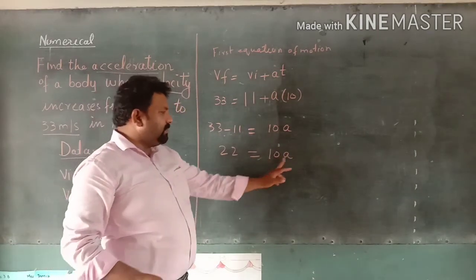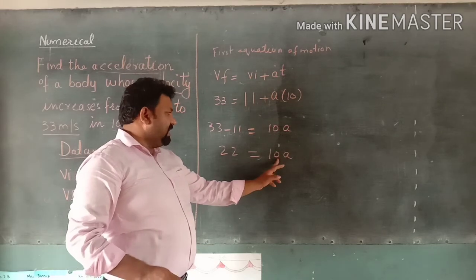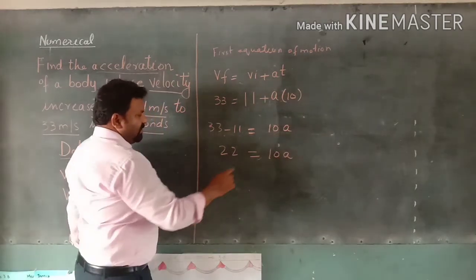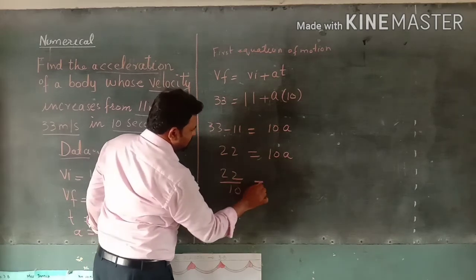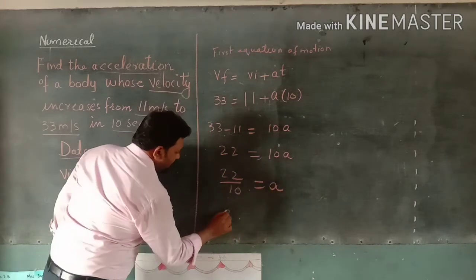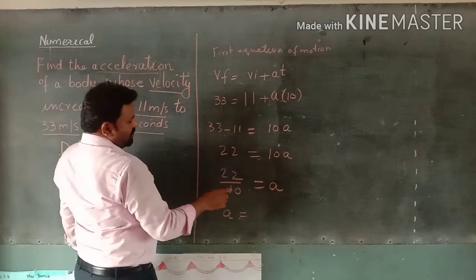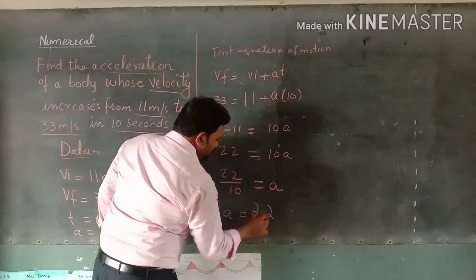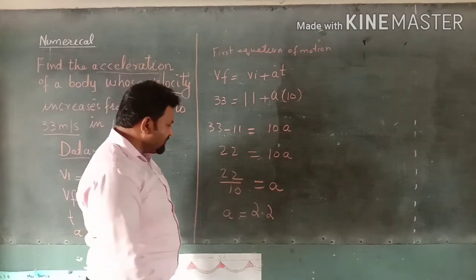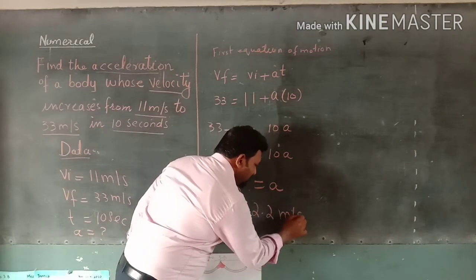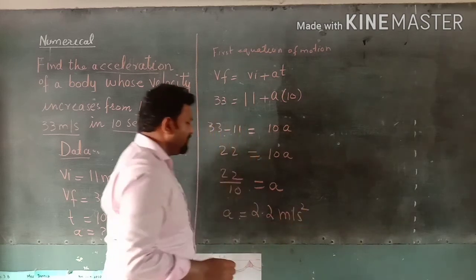Since 10 is multiplying with a, when 10 comes to this side we will divide 22 by 10. So 22 divided by 10 is equal to a, and a is equal to 2.2. What is the unit of acceleration? The unit of acceleration is meter per second squared.